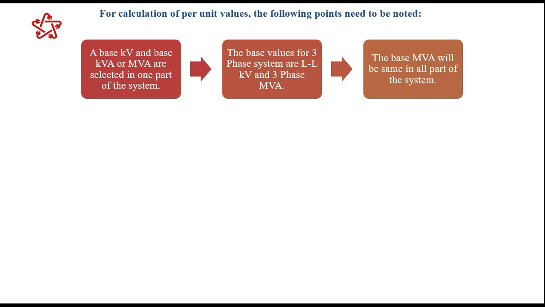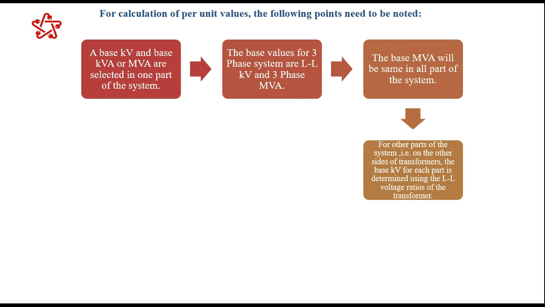Once again, the product of voltage and current remains the same in all parts of the power system. Therefore, once you choose the base MVA or kVA in any one part of the circuit, the same MVA or kVA will remain the same for all parts of the circuit.